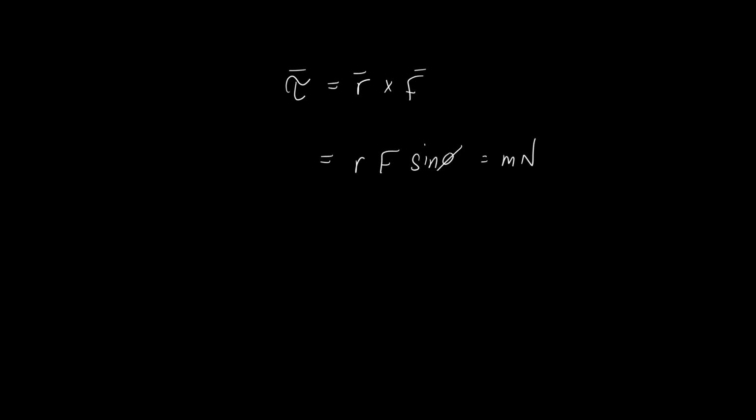Now, I want to be really clear about this. When we calculated work, which was force times displacement, times the cosine of the angle, our units for this were newtons times meters. And we called this a joule as a unit of energy. This has no other name.